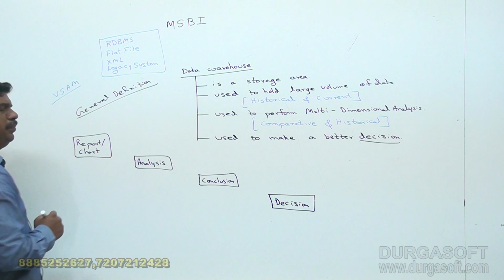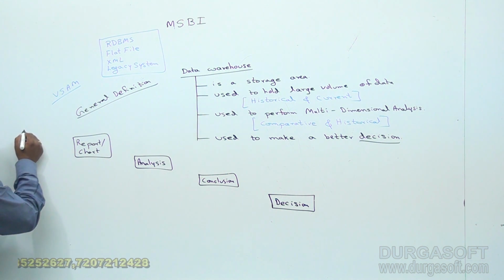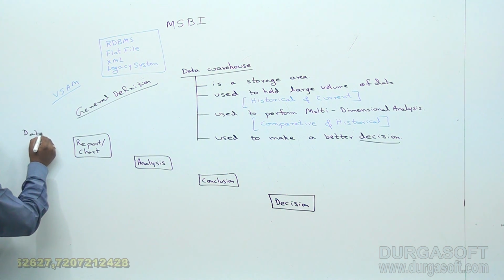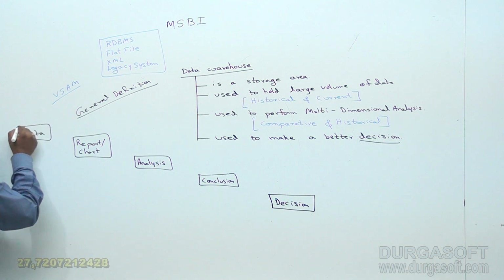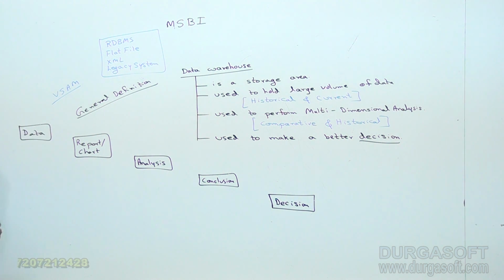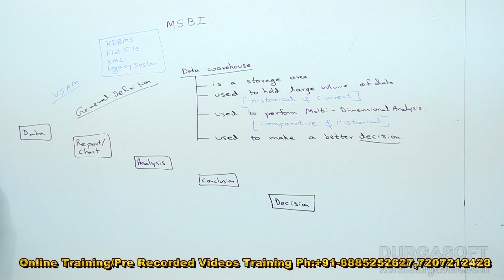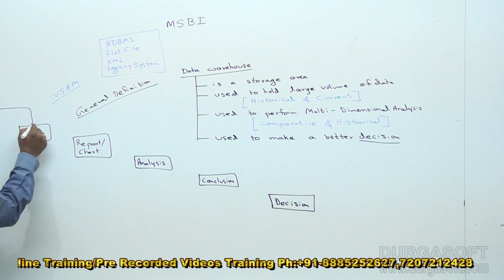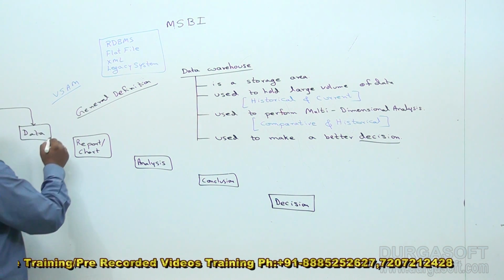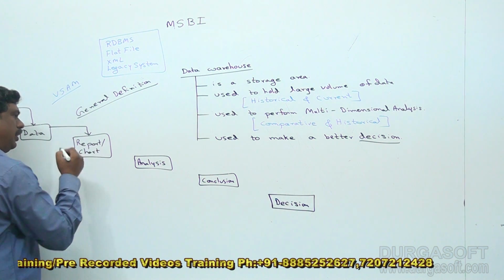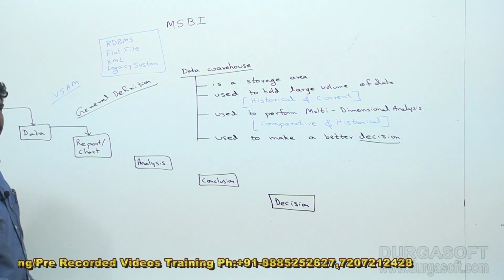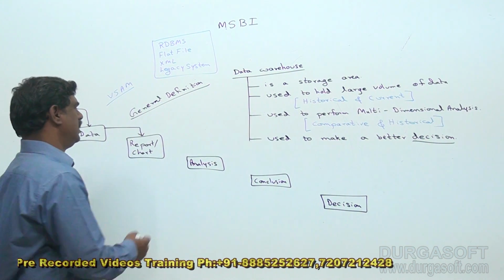What is there in the report and the chart? Nothing but data. So if you want to have data, I should have something called a storage area. Whatever data is present in the storage, read that data in the form of reports, in a textual or graphical form.